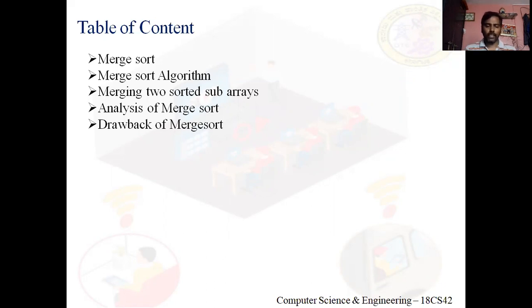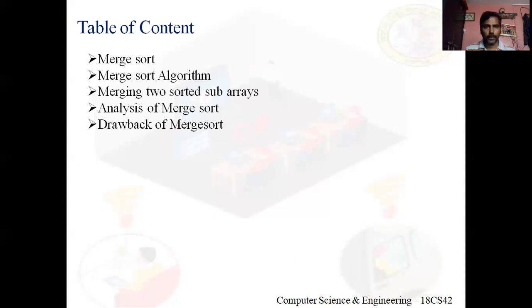Now, I said merge sort is purely a divide and conquer strategy. So what is the first phase of divide and conquer strategy? First, I need to check whether the problem instance is small or not. If the problem instance is small, we have a direct solution. If the problem instance is large, what do I need to do? I should divide that problem into 2 subproblems.